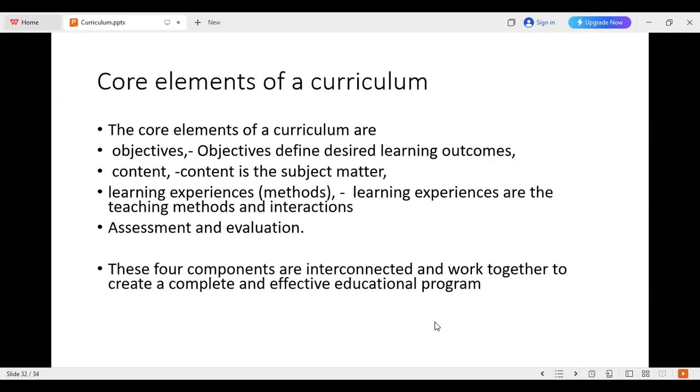Right. Finally, in these slides, we can see core elements of a curriculum. The core elements of a curriculum are, yes, already we discussed. Now and then I mentioned this. Objectives. Curriculum objectives.